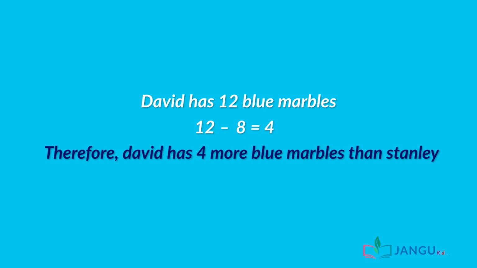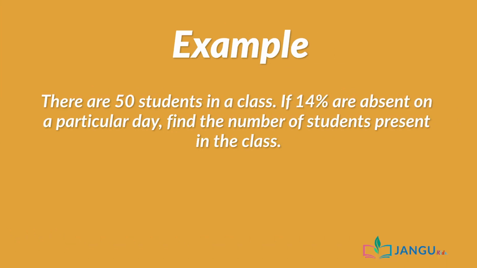Great job! Our next quantitative aptitude example is about percentages. There are 50 students in a class. If 14% are absent on a particular day, find the number of students present in the class. First step, we convert the percentage of absent students in fractions.